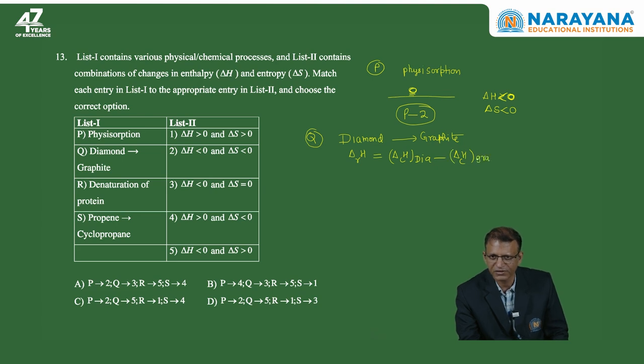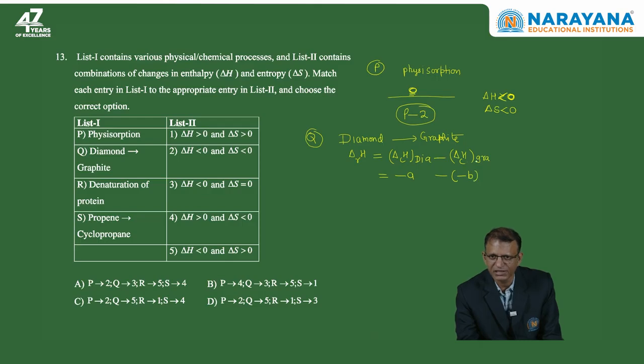And heat of combustion, we know that the chemical species which is thermodynamically less stable has more magnitude of heat of combustion. So suppose this is minus A, where the magnitude of A should be greater than the magnitude of B. This is the heat of combustion of graphite.